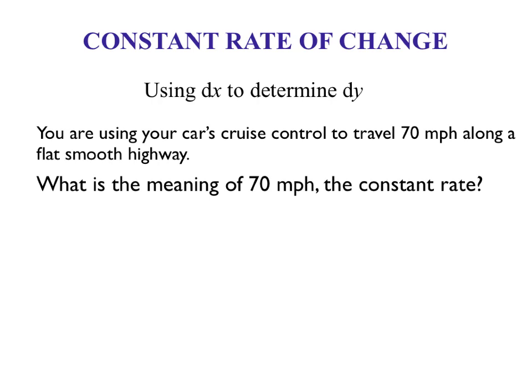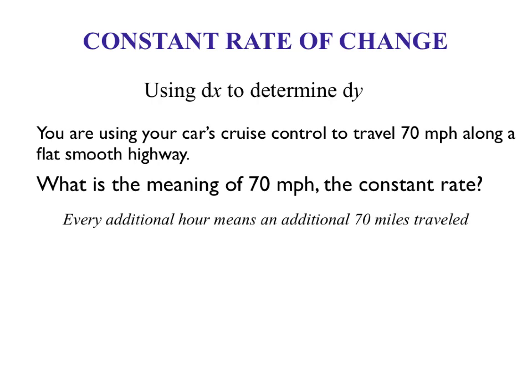Okay, Jessica? If you travel at that exact speed for 1 hour, you will go 70 miles. So if every additional hour means an additional 70 miles traveled, that's what that means, right? Is that a good meaning for that?